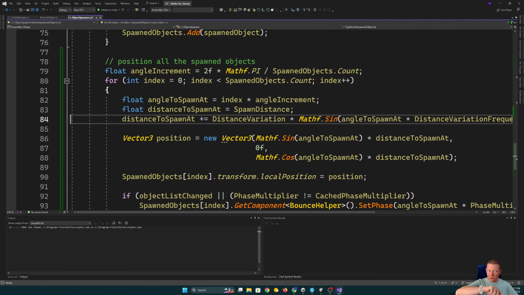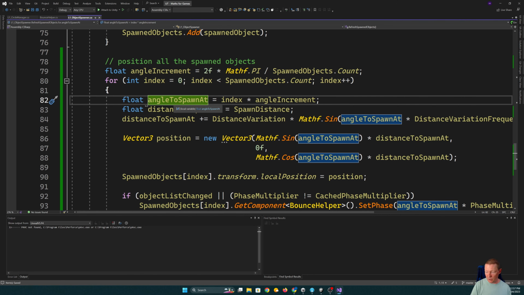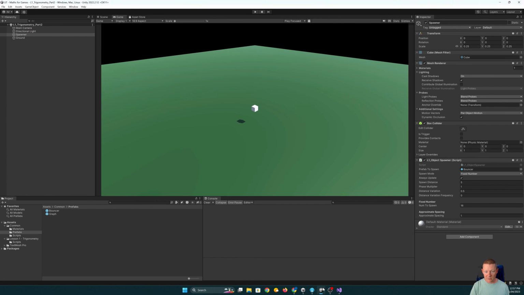So this is going to vary that distance in and out on the curve as we move around it. That's going to give us a bit of an adjustment to the locations. And that's why I had the angle to spawn at and distance to spawn at as separate things.